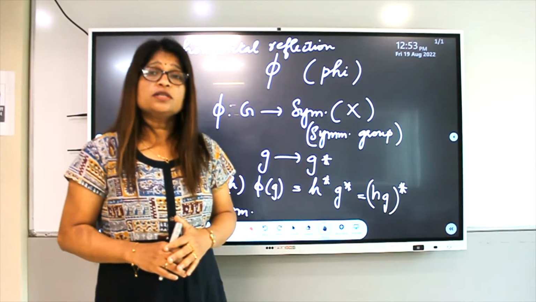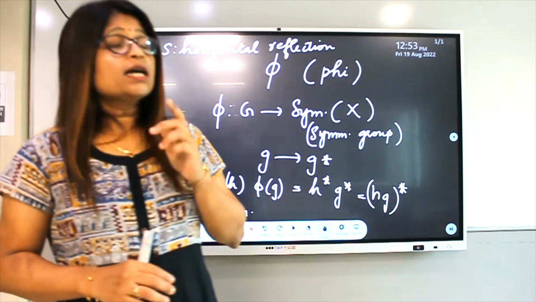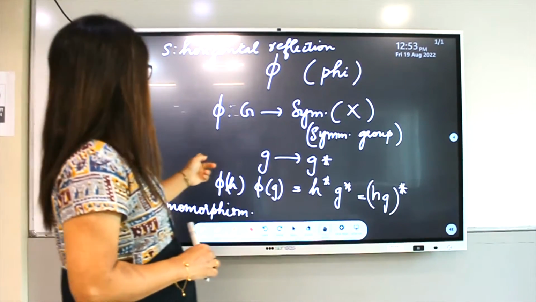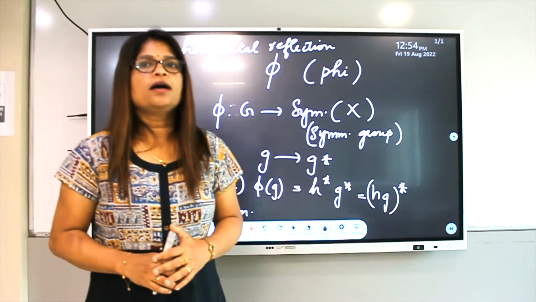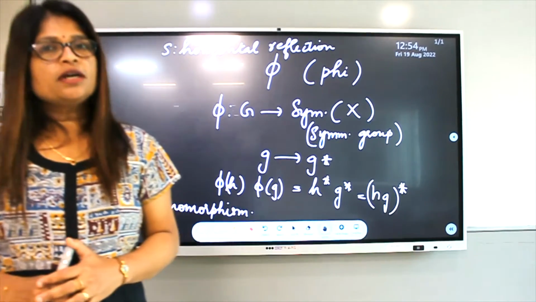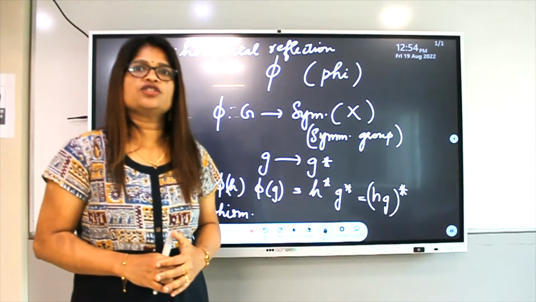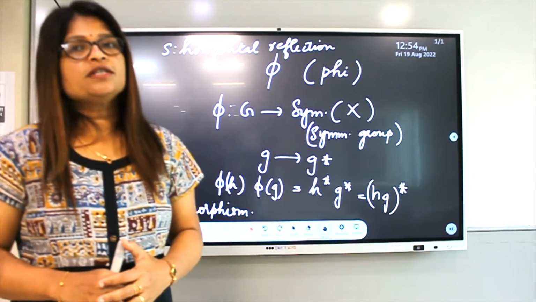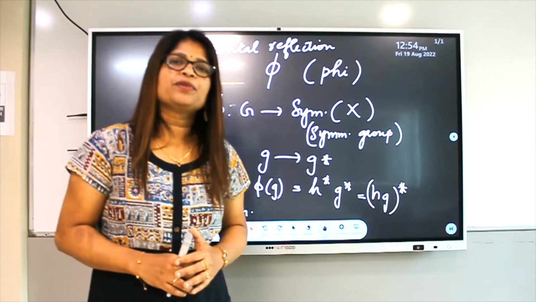So this function is not a normal function, it is a homomorphism. Why? Consider phi of h composed with phi of g. That is, we are doing the permutation corresponding to g first and then followed by the permutation corresponding to h. This is the permutation corresponding to the symmetry h followed by g, or hg.